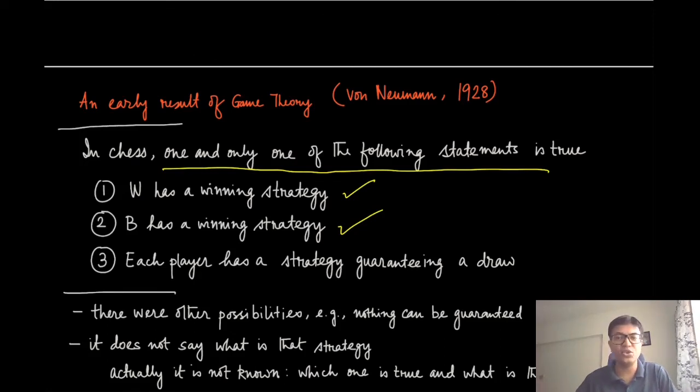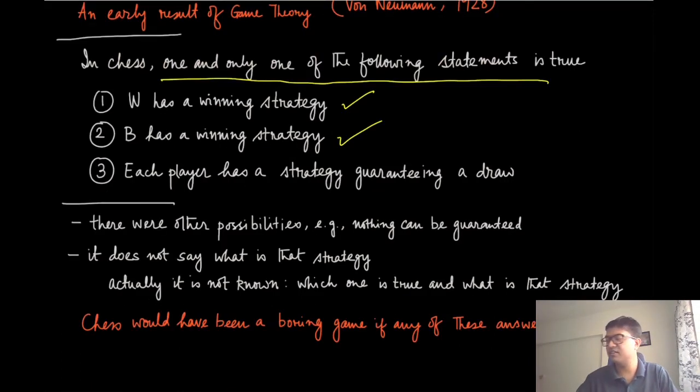If that was known, for instance, if you look at very simple games like tic-tac-toe, you exactly know that this 3rd thing is true. In fact, you can argue in a very similar way for the game of tic-tac-toe, and show that there exists a draw-guaranteeing strategy for both players, and you exactly know what that draw-guaranteeing strategy is.